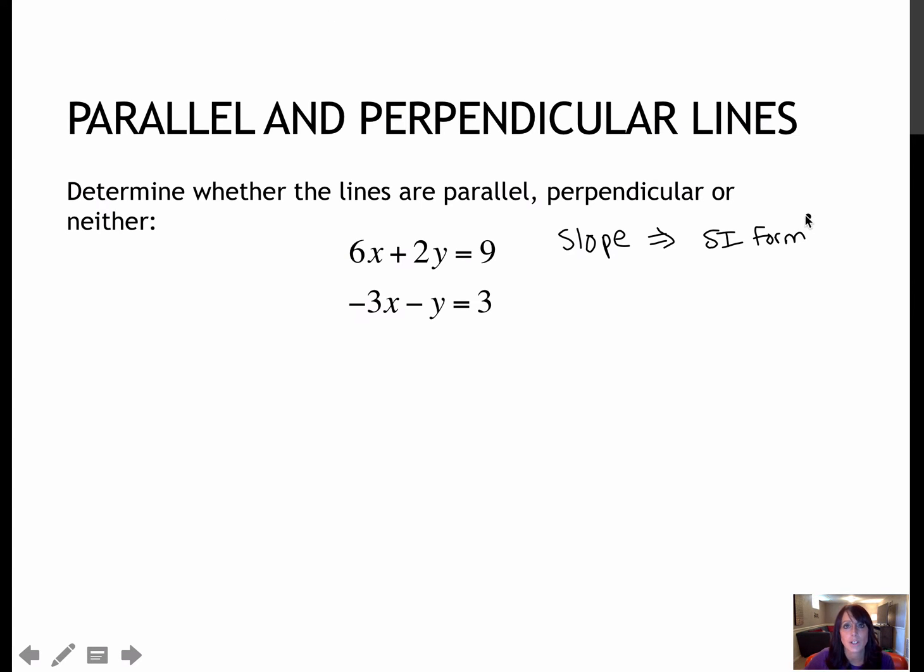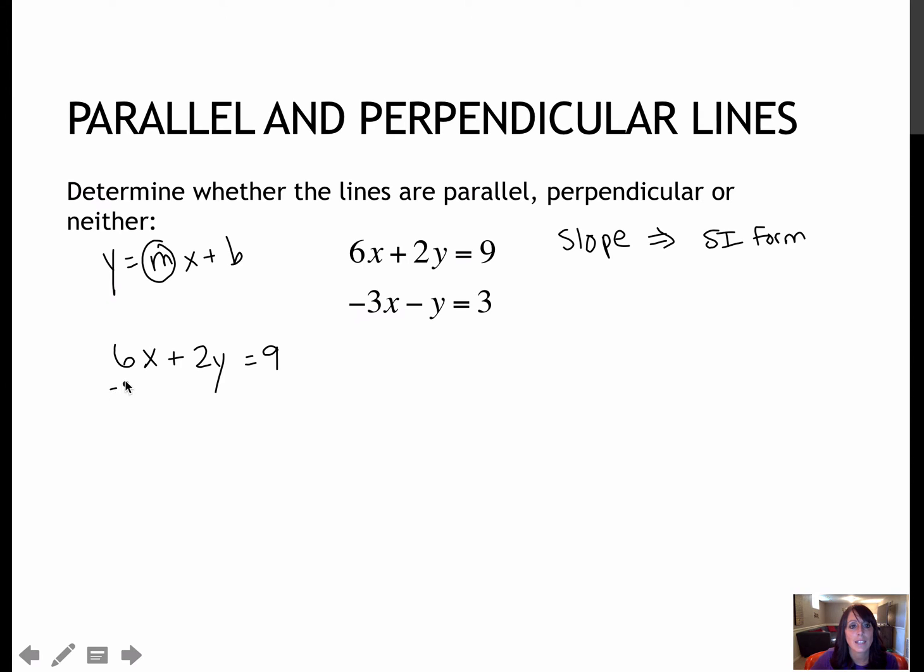There's more than one way to do it. Some people say plug in a couple of points and find the slope of those two points. I think that's kind of silly. So I'm going to take this equation and turn it into slope-intercept form. Remember, slope-intercept is y equals mx plus b. So what I'm going to be looking for is that m value once I get it into that particular form.